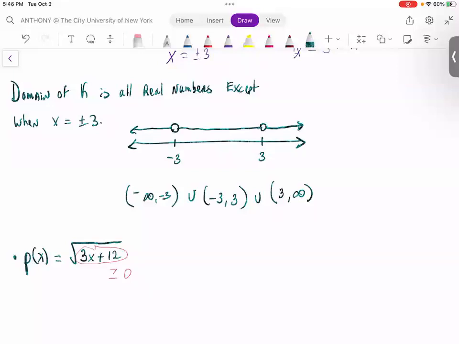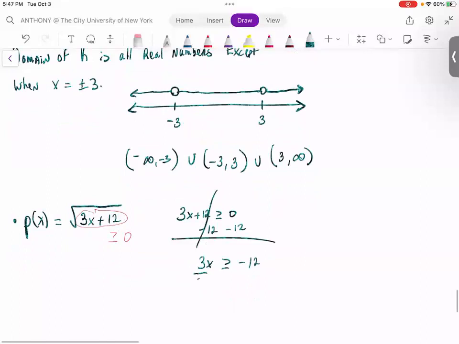So 3x plus 12 greater or equal to 0, and now you solve for x. You subtract 12 on both sides. 12 here will cancel. You get 3x is greater or equal to negative 12. And then you divide by 3. So if I divide by 3 on both sides, the 3's cancel, you get x is greater or equal to negative 4.